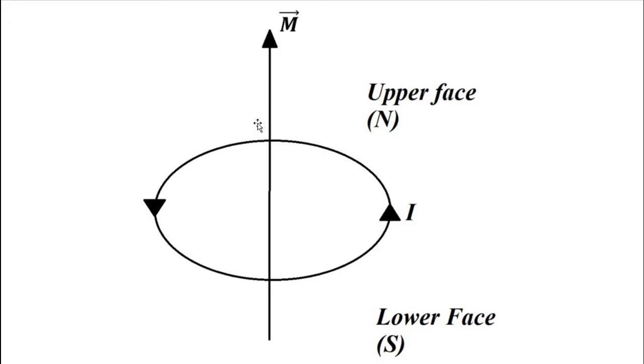And if one tries to view it from below, then it will seem as if the current is flowing in clockwise direction. From the top anti-clockwise, from down clockwise. So the upper face of this plain loop behaves as the north pole, and the lower face behaves as the south pole.